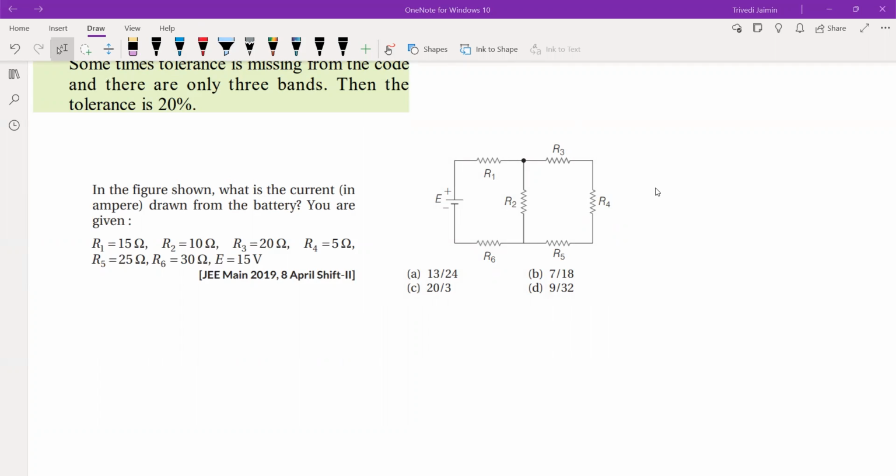First thing, what you'll do here, make series. This is how much is given here. What are the values? R1 is 15, R2 is 10, 20, 5, 25, 30, 15.